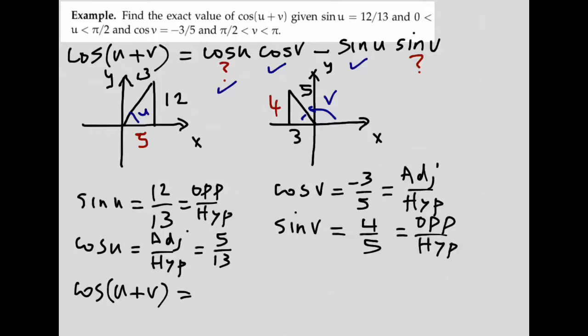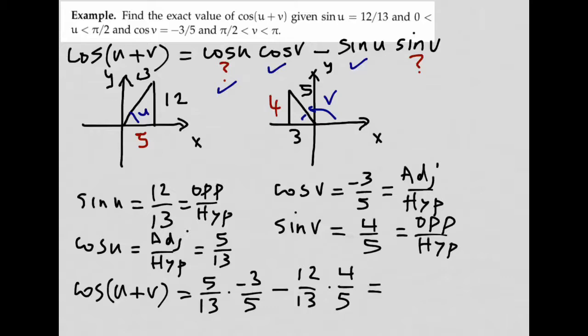That is cosine of u, which is 5 over 13, times cosine of v, which is minus 3 over 5, minus sine of u, which is 12 over 13, times sine of v, which is 4 over 5.